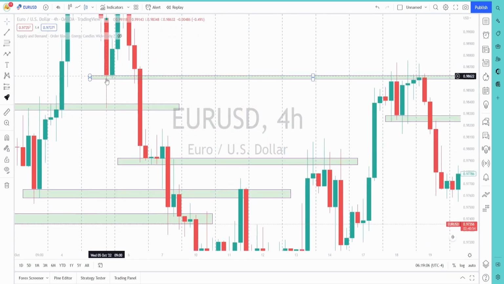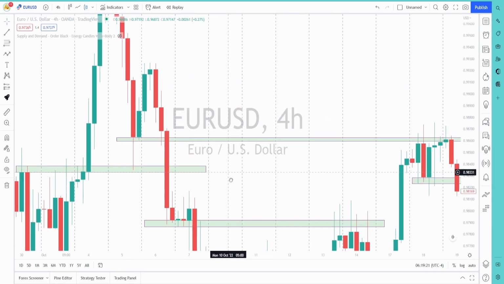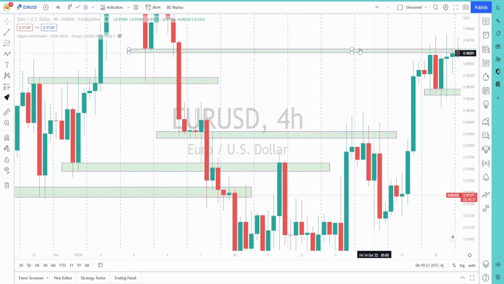You can see how price broke past the structure, left the area for quite some time. These are 4-hour candles, so days pass, then it comes back up to the area. We don't know which area it's going to test, but it tested this area, and we waited for the candle to show what it wanted to do.